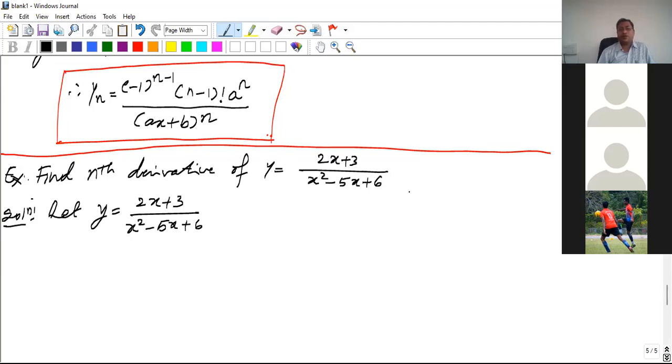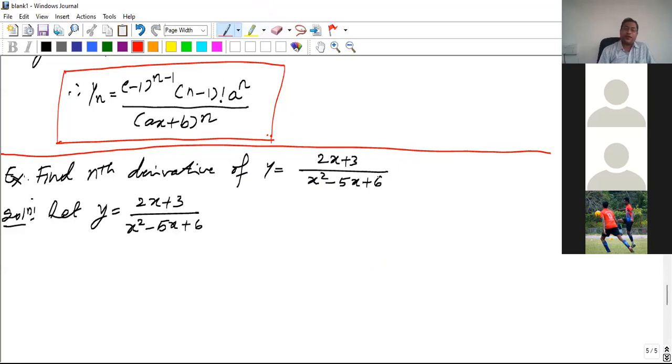Now we have seen the formula for 1 upon (ax plus b), which is a linear term, and here I have a quadratic term. The first thing is, can I reduce this quadratic term to a linear term?